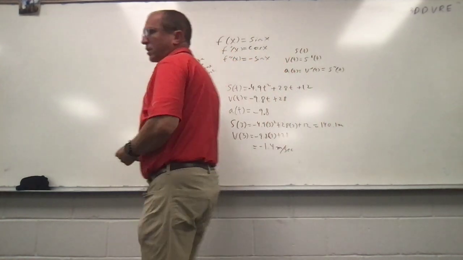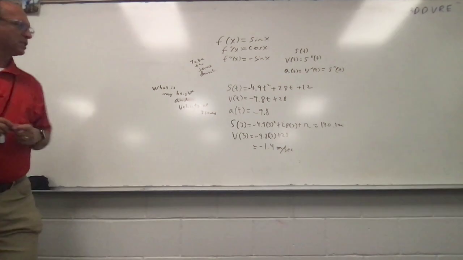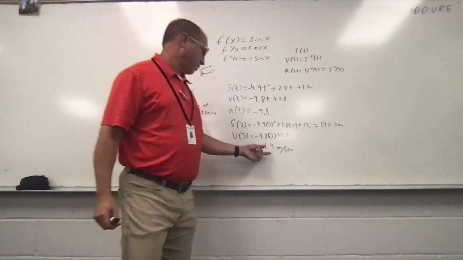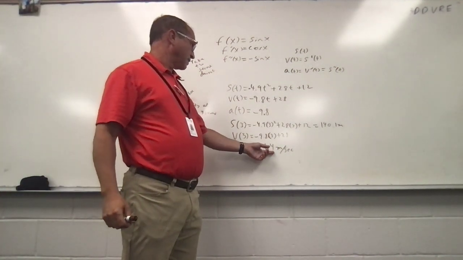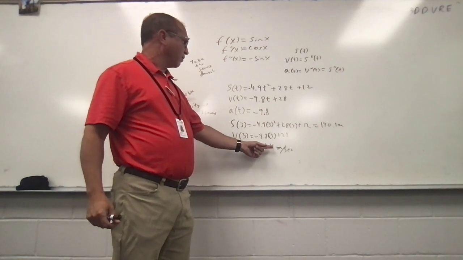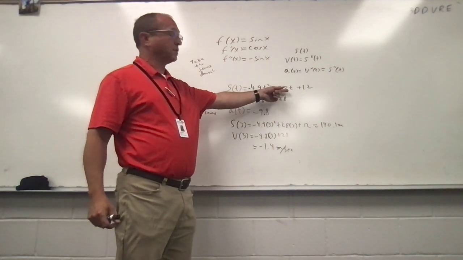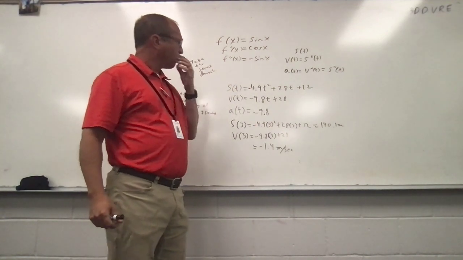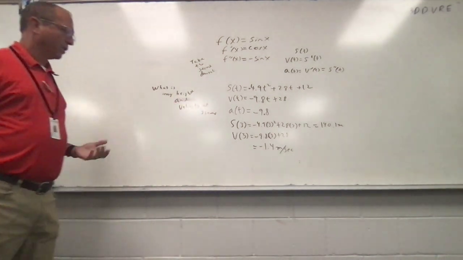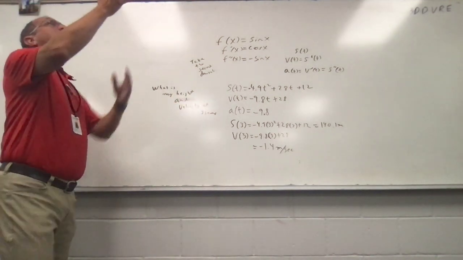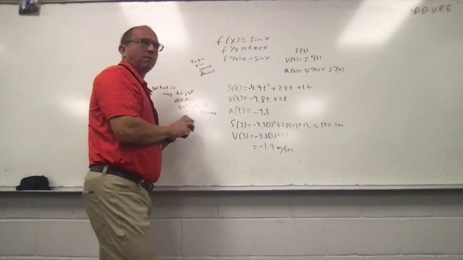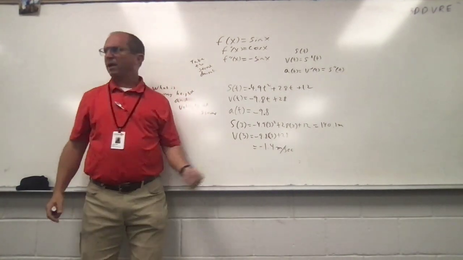So what that tells me is this isn't very fast. 1.4 meters per second is not very fast, especially given that we start off with a velocity of 28 meters per second. So what this is saying is it just passed its apex and it's starting on its way down. The negative tells me it's in the downward direction.